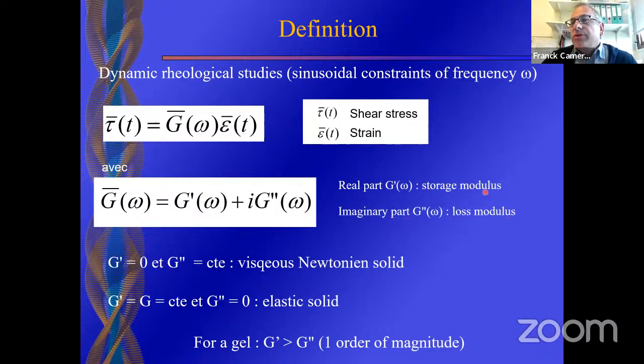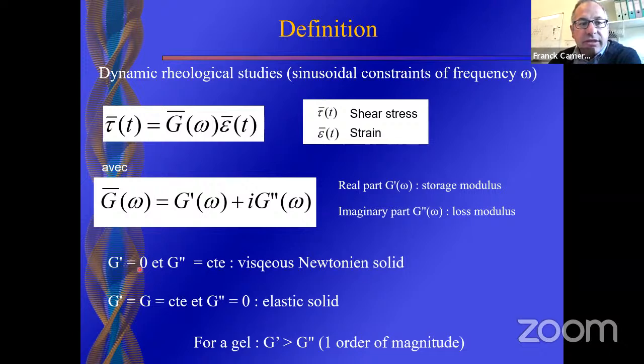The storage modulus corresponds to the elasticity and the loss modulus to the viscosity. And you have a gel if you have an elastic modulus much larger than the viscous modulus. One order of magnitude is enough to define this as a gel.